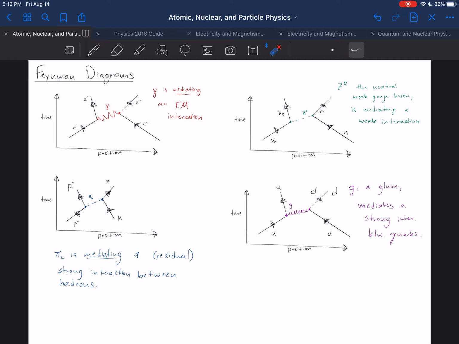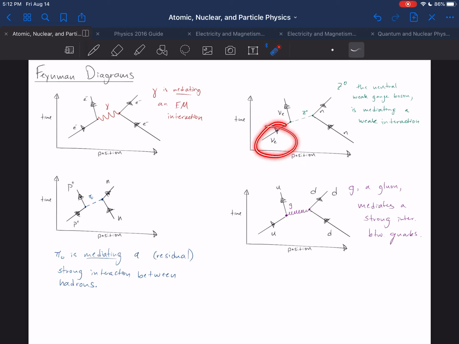Now, up here in the top right, we have a kind of interaction we haven't seen before, and that is an example of a direct weak interaction. So in this particular case, you have a neutrino.